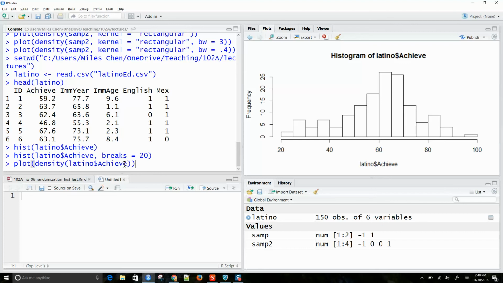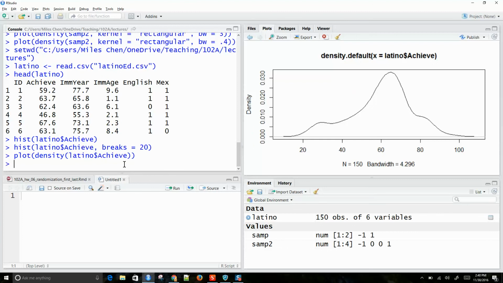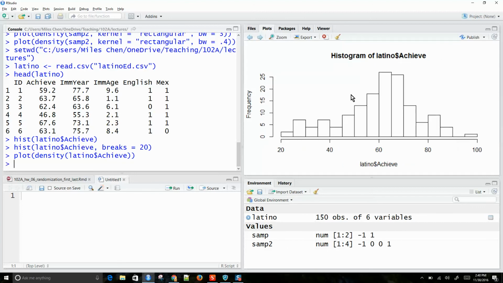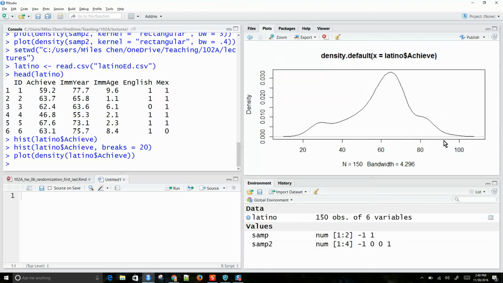Comparing this versus this, you can see a lot of similarity in what the histogram looks like versus this density curve. This just uses the default Gaussian curves for the density.